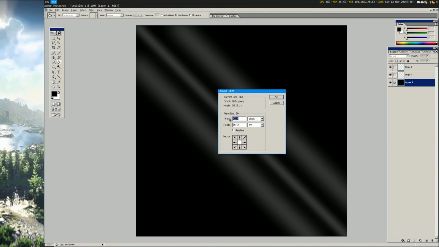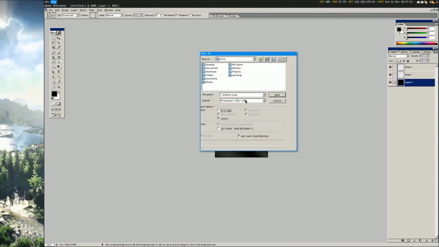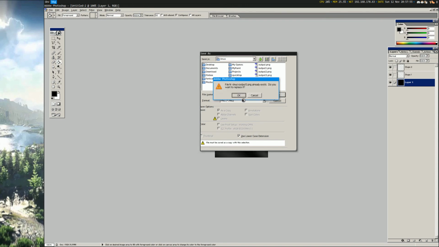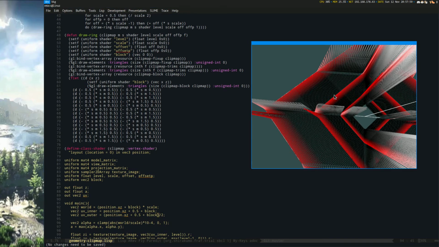Why does it always choose centimeters? I never use those. I know, that's why I'm using it. Okay. Okay.